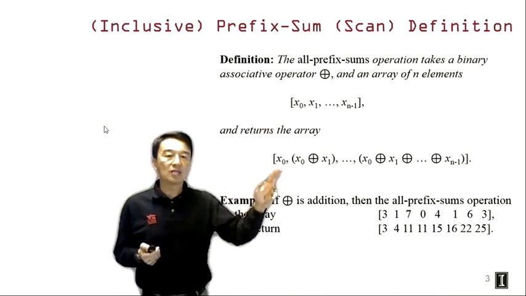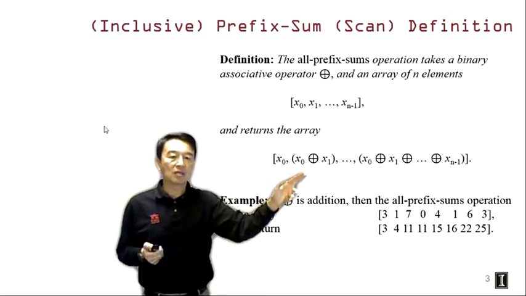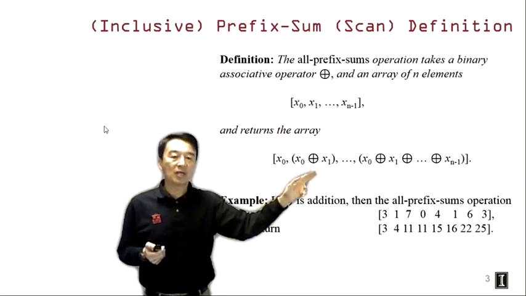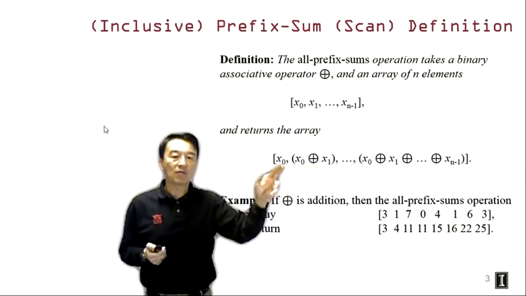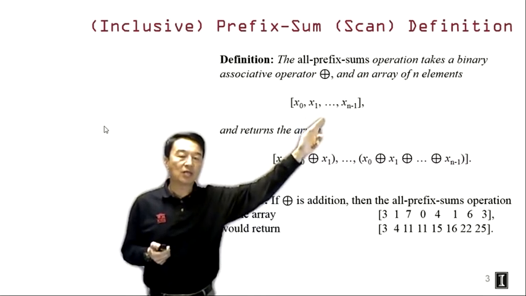For x0, the output is just x0, but output 1 is going to be x0 operate x1, a cumulative application of the operator from x0 to x1, and we will keep going until the last one.